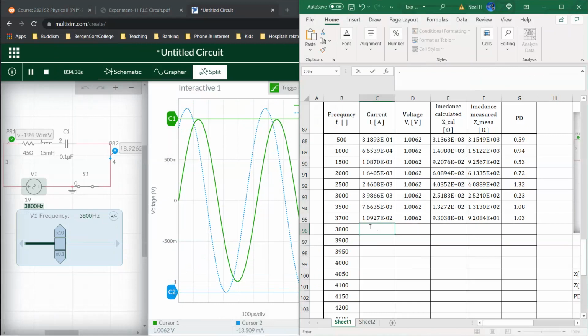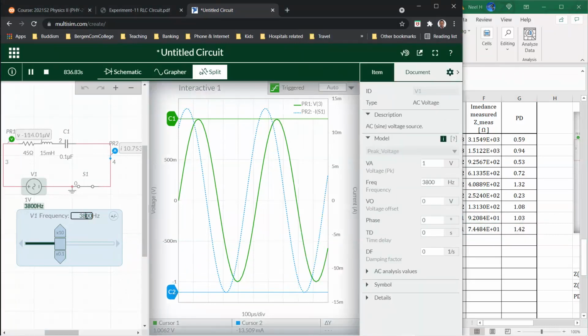Current is about 0.013509. Voltage remaining the same. Looks good. Let's do 3900.